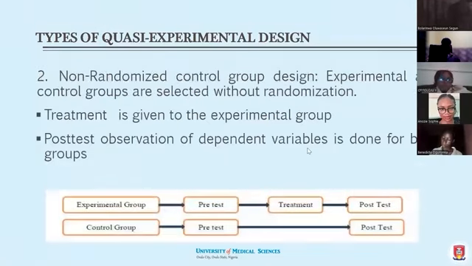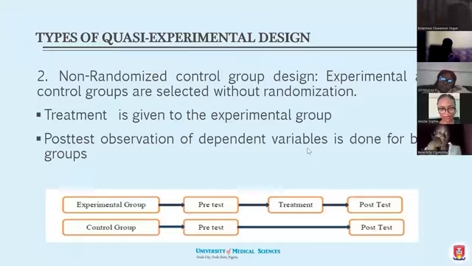Then we can have what we call non-randomized control group design. It is also a kind of quasi-experimental design. In this case, you have your experimental group and your control group, and you give your treatment to the experimental group, and after that you take your post-test or your data after that treatment.